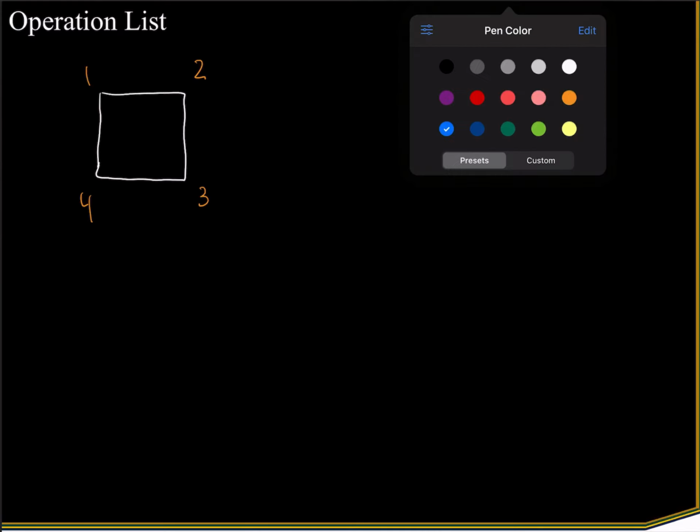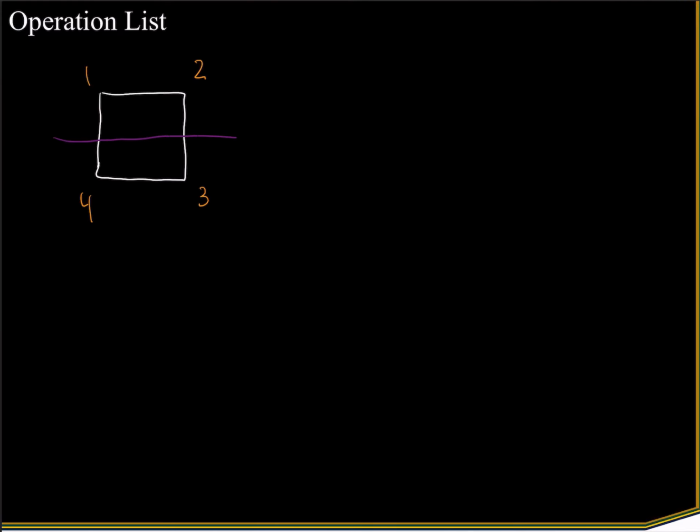So let's compare this to yet another C2 operation that we have, having our points 1, 2, 3, and 4. Now we can actually imagine a C2 that cuts my square in half. It bisects it. So I have another C2 rotation here that I can draw out. And what we've ended up with is that 1 and 4 have switched places, and 2 and 3 have switched places when we do this C2 rotation.